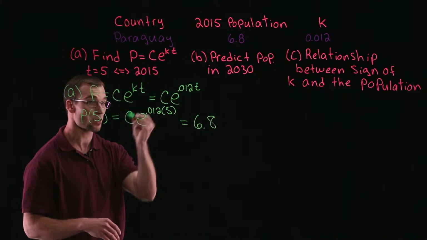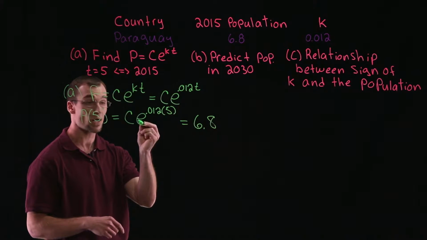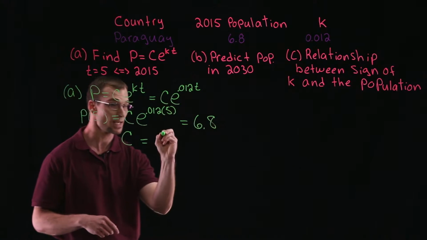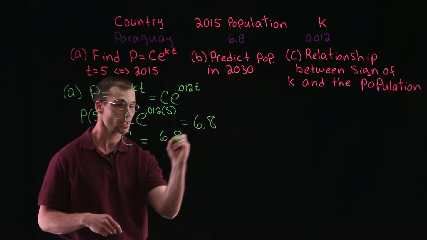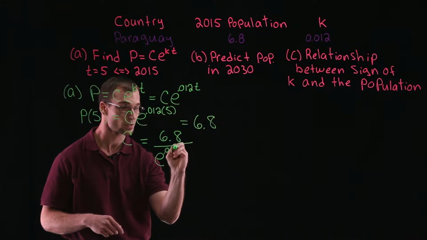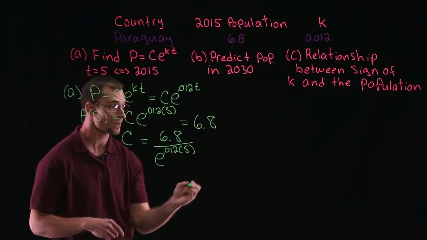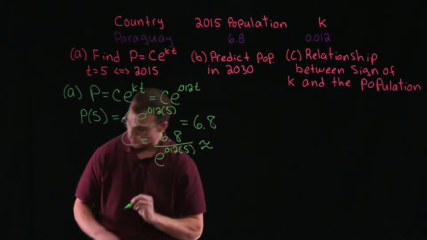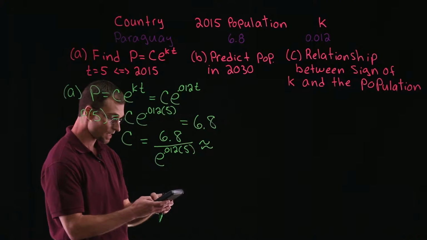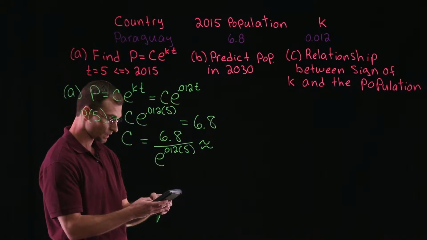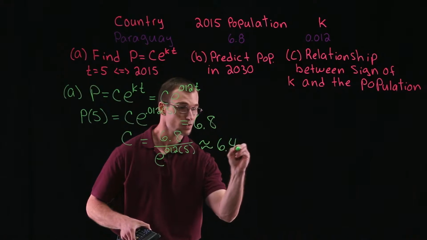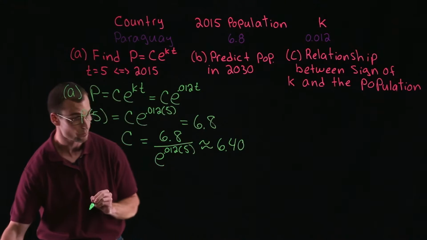We can solve this equation for C by dividing both sides by e to the 0.012 times 5, where we get C is equal to 6.8 divided by e to the 0.012 times 5, which is approximately 6.40.